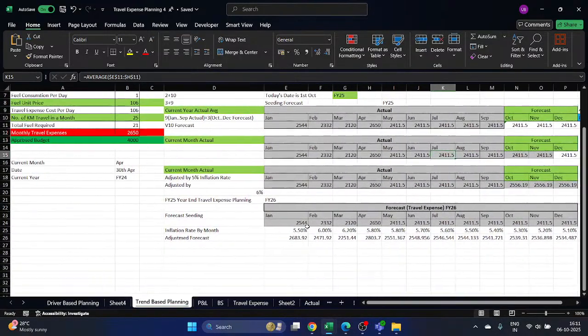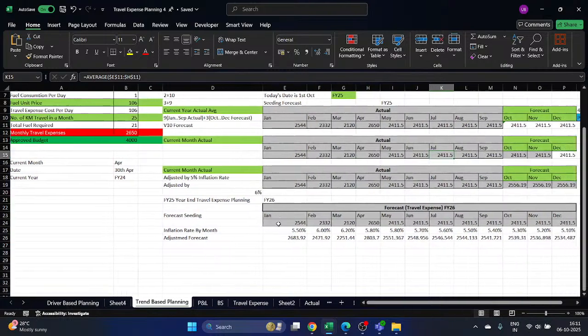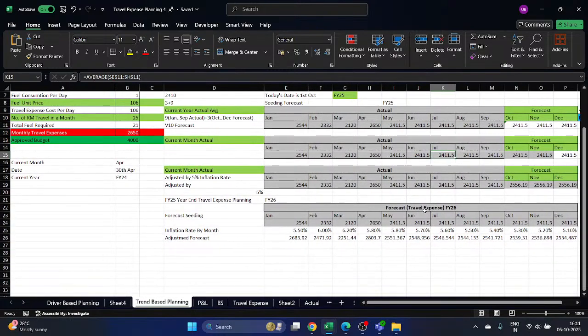The same thing applied on it, and we also adjusted inflation under it. When we see the forecast data, the travel expense is actual till here, and the remaining would be forecast. When we adjusted the inflation, the particular amount would be totally based on the formula. Here you can see how the amount comes.